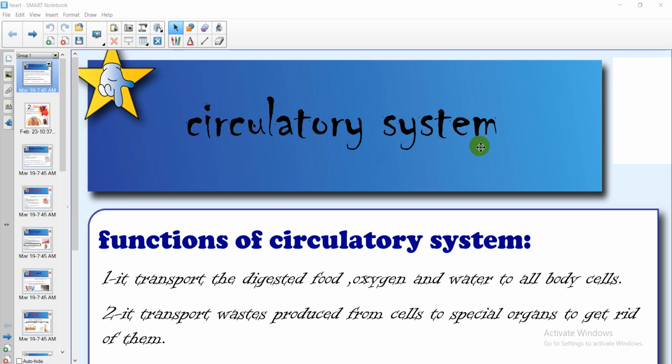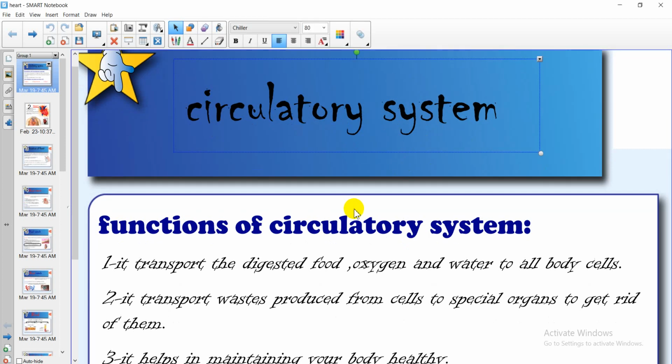Okay, so our system today is the circulatory system. We will start with the function of the circulatory system. It is a transportation system by which we can transport the digested food, oxygen and water to all body cells.